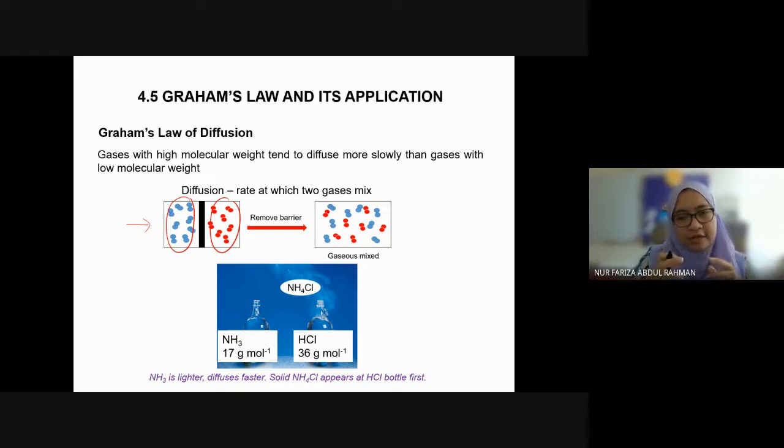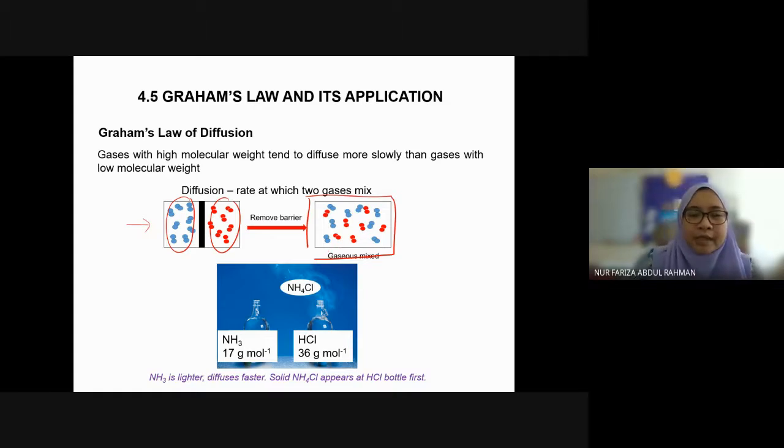It's just that now we want to know which one diffuses faster. It depends on the molar mass. The heavier the molar mass, the slower the movement, or the slower it is to diffuse throughout the space. Eventually they will mix. It's just that we want to know the speed of mixing.